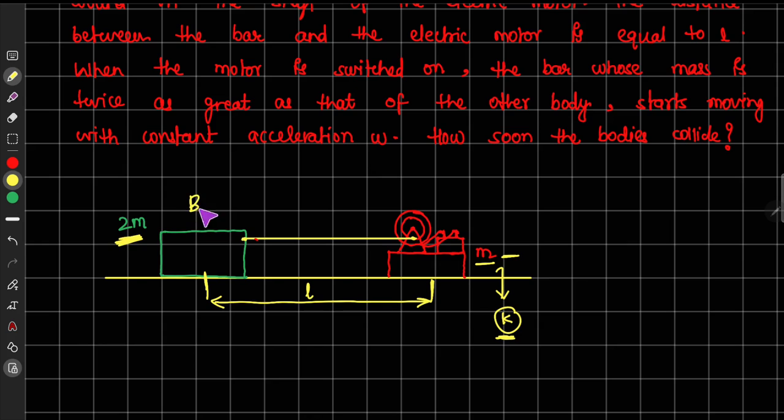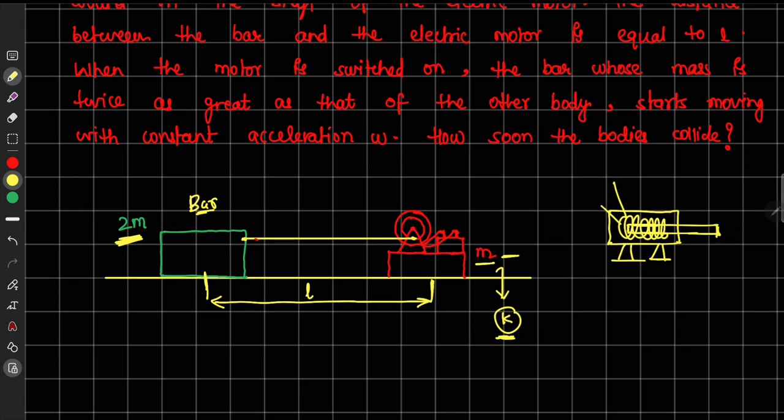One is the bar, and the other is the block with the motor system attached to it, and then a thread wound on the shaft of this motor is connected to the mass 2m. Let us say this is the electric motor, which has some support at the bottom, and a coil is wound inside it and connected to the shaft.